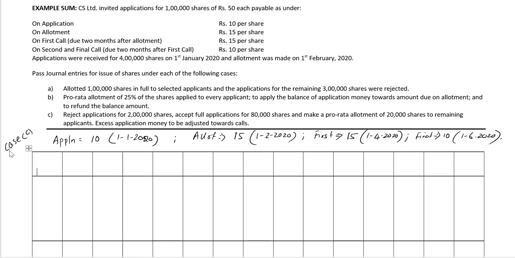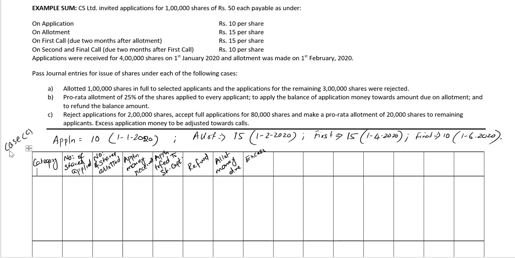Let's complete the table. So we have category, number of shares applied, number of shares allotted, application money received, application transferred to share capital, refund, then we have the allotment money due.